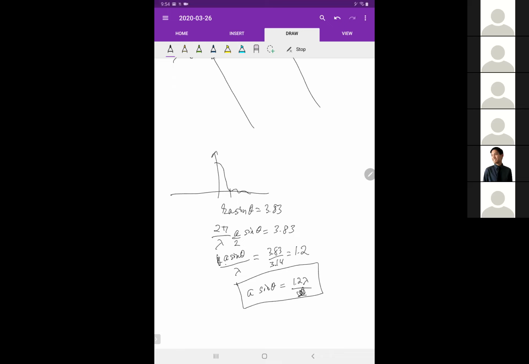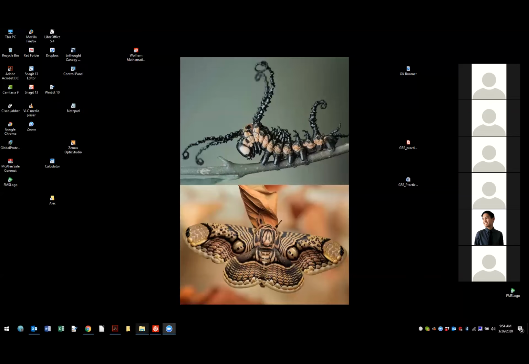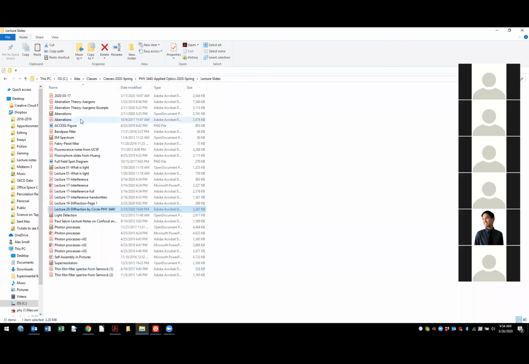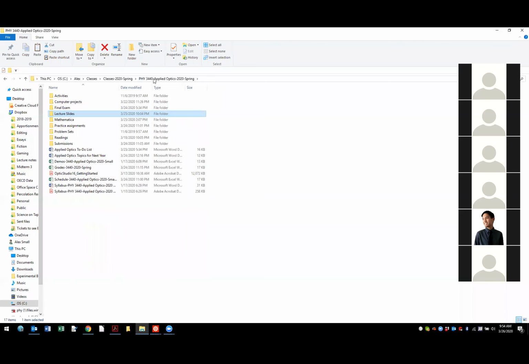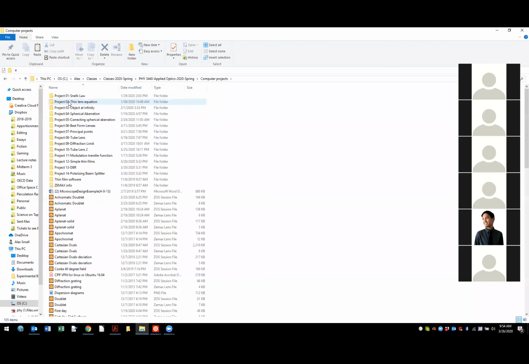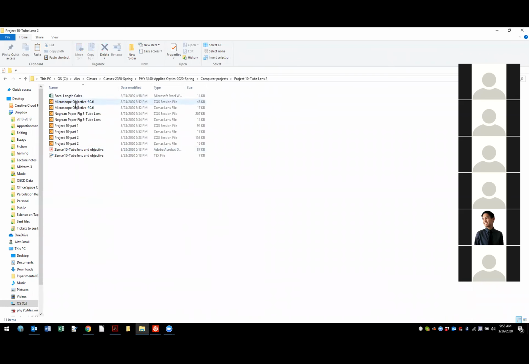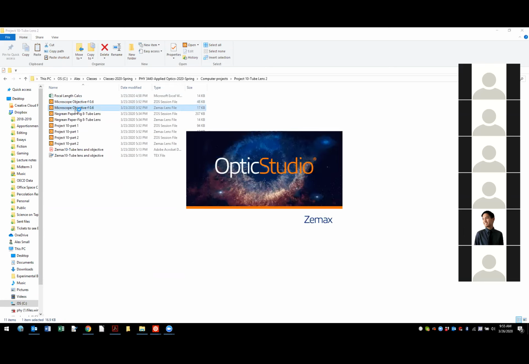Then let's go into Zmax. All right, I'm going to start sharing this screen again. Let's go look at that microscope objective that I showed you last time.